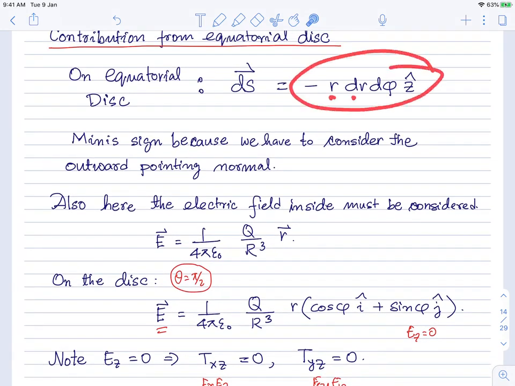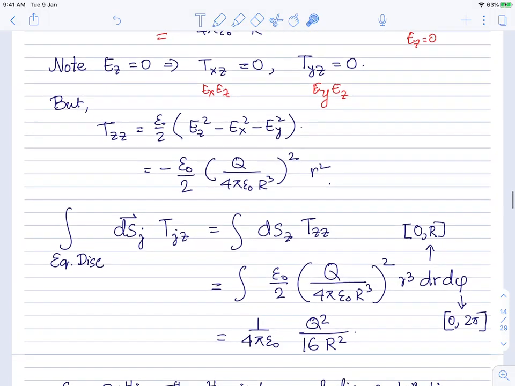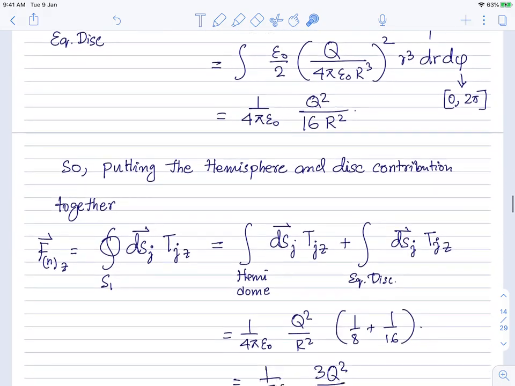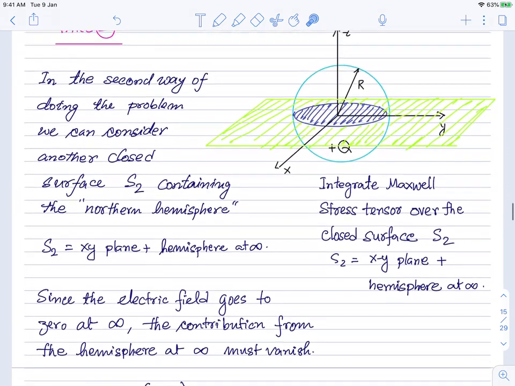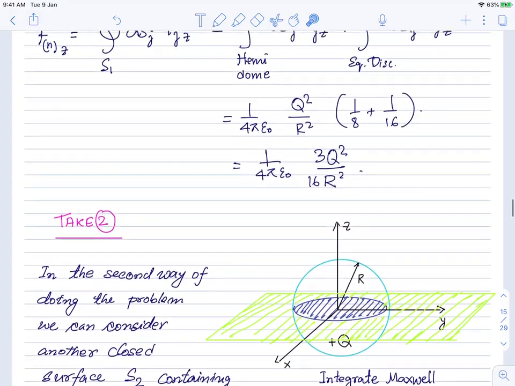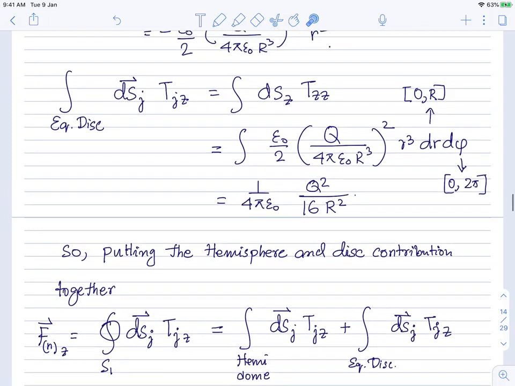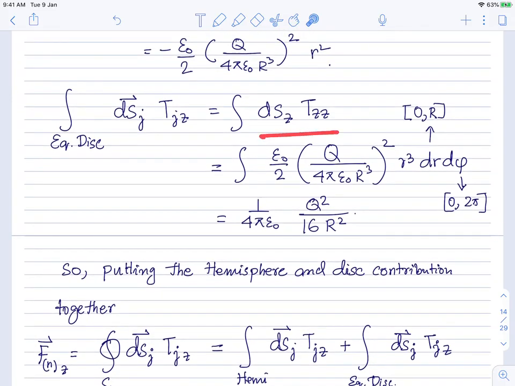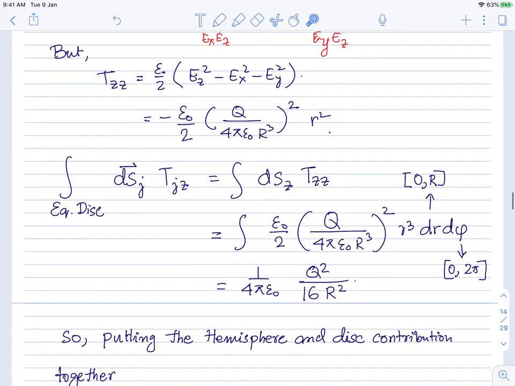It's just R d phi dr, with a minus sign because it's pointing in the negative Z direction. So therefore, here the two signs cancel. This sign and the fact that the area element points in the negative Z direction, they cancel.